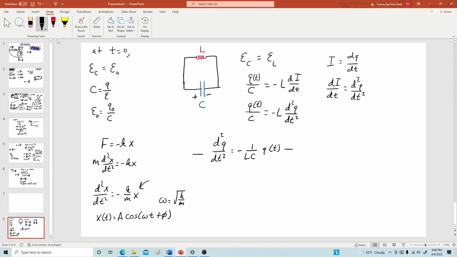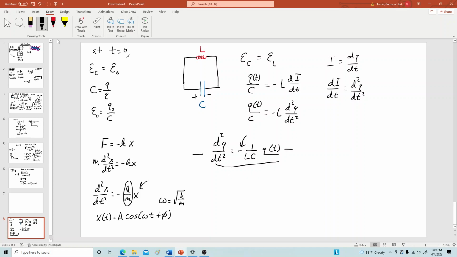So your angular frequency was equal to the square root of this leading constant. Well, this equation has the exact same form, complete with the negative sign. And so what we've found is the second derivative of my charge with respect to time is equal to a negative sign times a constant times my function of charge. So this is the same thing as acceleration is equal to a constant times x.